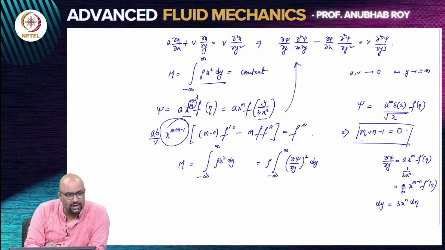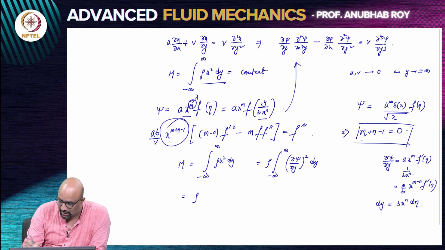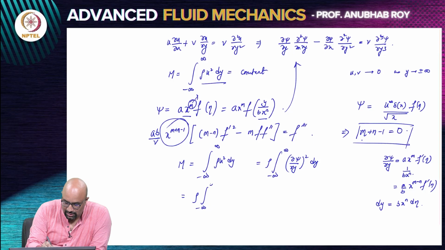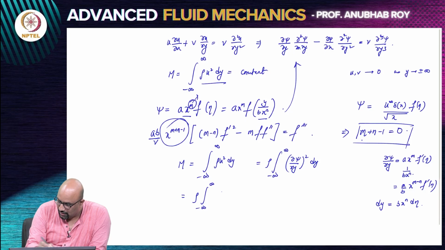We have done some of these integrals also in Blasius, right, going from a variable y to a variable eta. So, what I have here is rho, because I am not going to do this integral now, do not worry about completing this integral. I am only interested in finding what m and n are, what is the nature of that similarity variable. So, if I substitute here, eta limits remain minus infinity to plus infinity, and then dou psi dou y square will give me x to the power 2m minus 2n into some a by b f prime whole square, b x to the power n d eta.